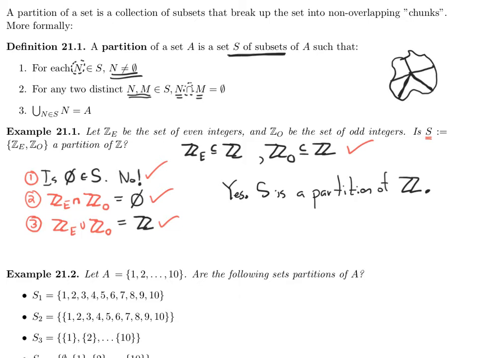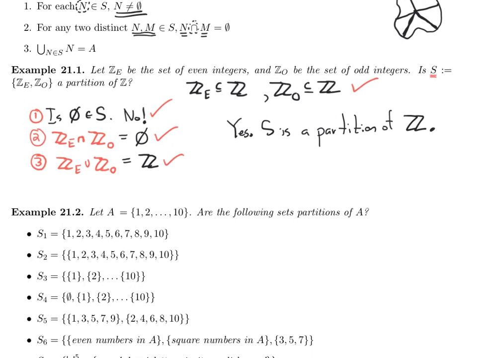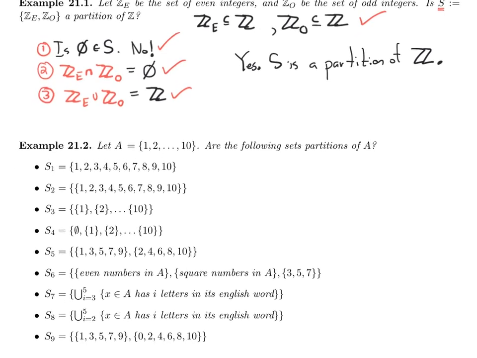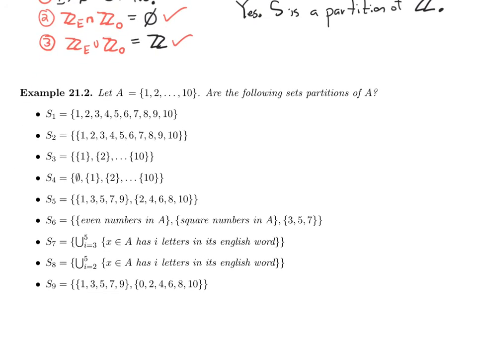Okay, let's look at a little example here. And maybe I'll let you try this. So we'll have our set A be the counting numbers from 1 to 10. I'll do the first one just to make sure that we understand everything. So is S1 here a partition of A? And the answer, you have to be a little careful.